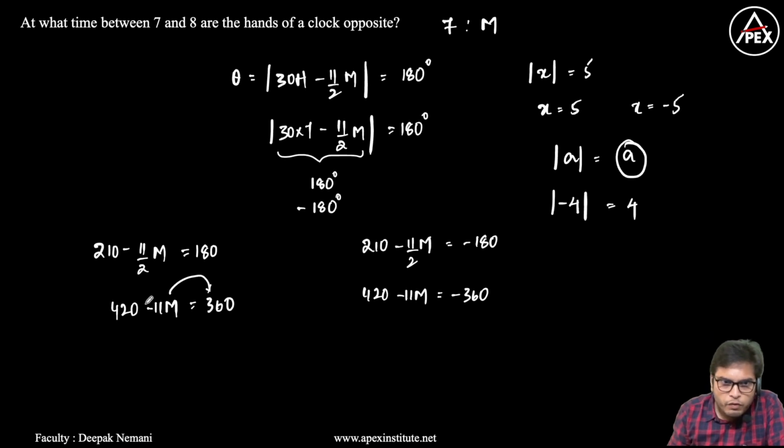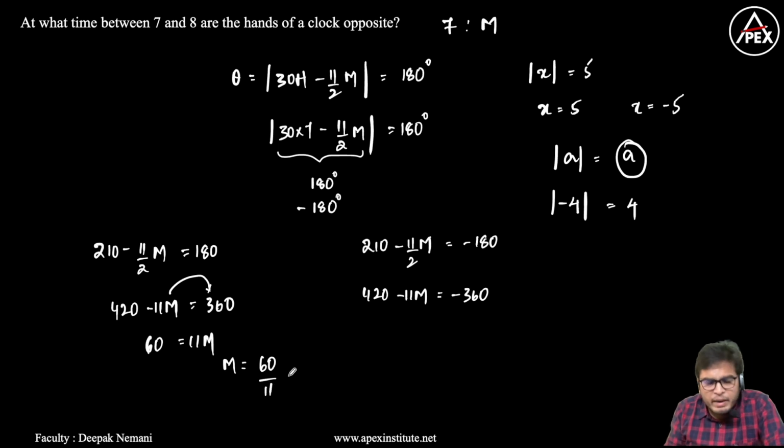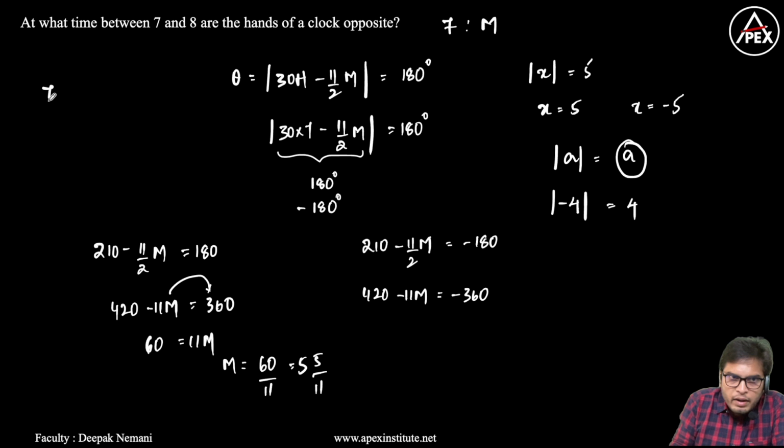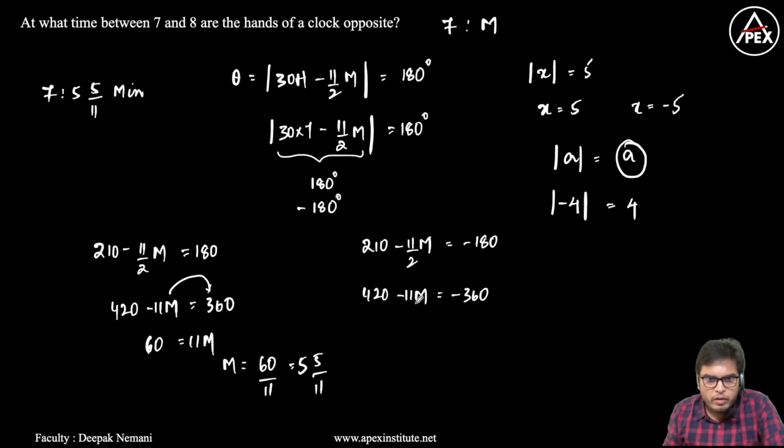Now let me shift this 11 m to the right hand side and 360 to the left hand side. So if that's the case, 420 minus 360, which is 60, is equal to 11 m, or this implies m is equal to 60 by 11. And 60 by 11, if I simplify this, this will be 5 by 11. Right? Now the time can be 7 hours, 5 by 11 minutes. Now let me consider the second scenario.